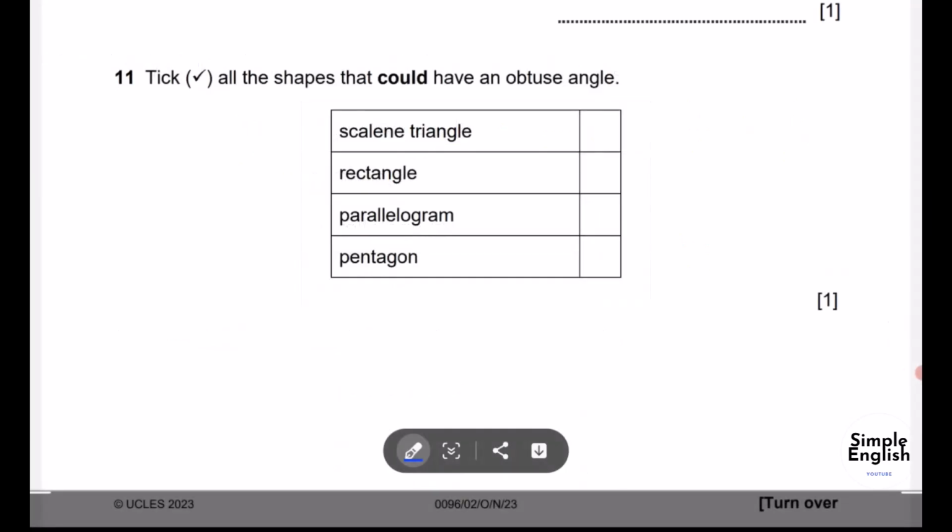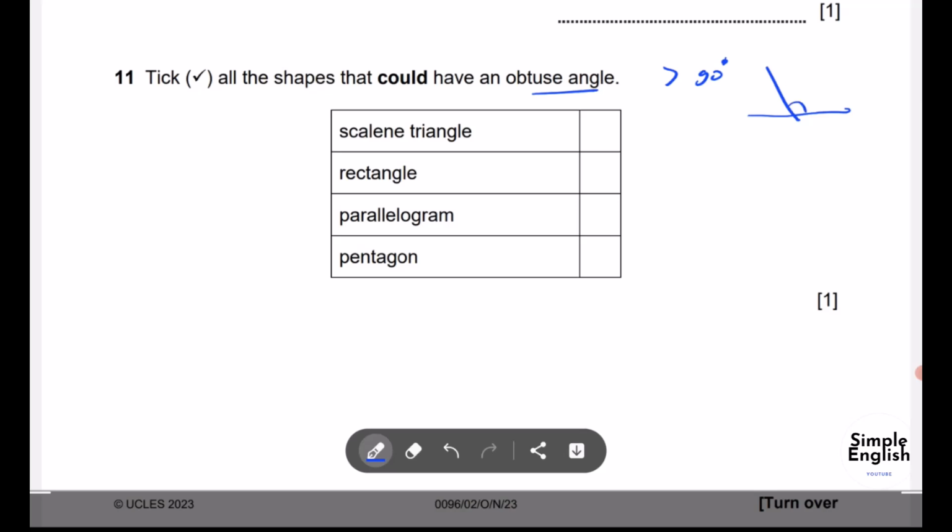Tick the shapes that could have an obtuse angle. An obtuse angle is an angle that is greater than 90 degrees, right? Like this. This is an obtuse angle.